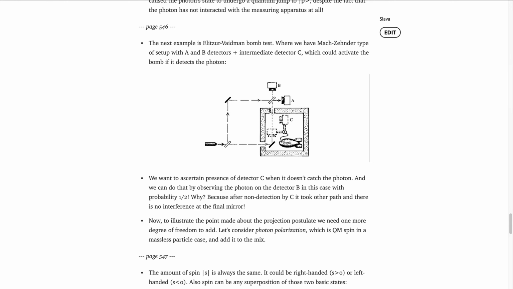It will be split in two, and therefore with probability 1/2 it will reach A or B. In the original setup, because of the interference, it could reach only the A detector. So we can find out the presence of detector C even if we do not know exactly whether it was present, just by having the observation at the B detector.